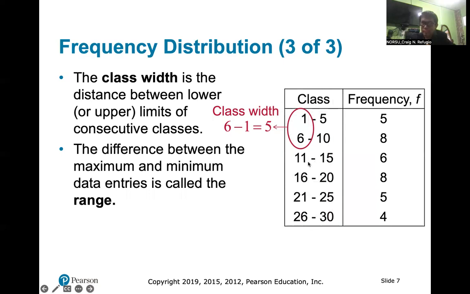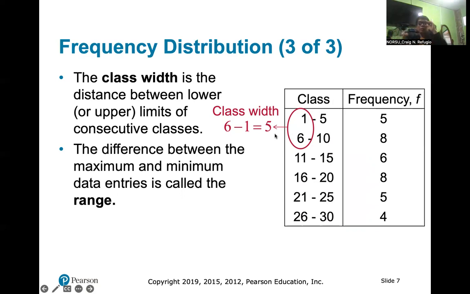Then we have 11 minus 6, 5. 15 minus 10, 5. 16 minus 11, 5. 20 minus 15, 5. 21 minus 16, 5. 26 minus 21, 5 also.